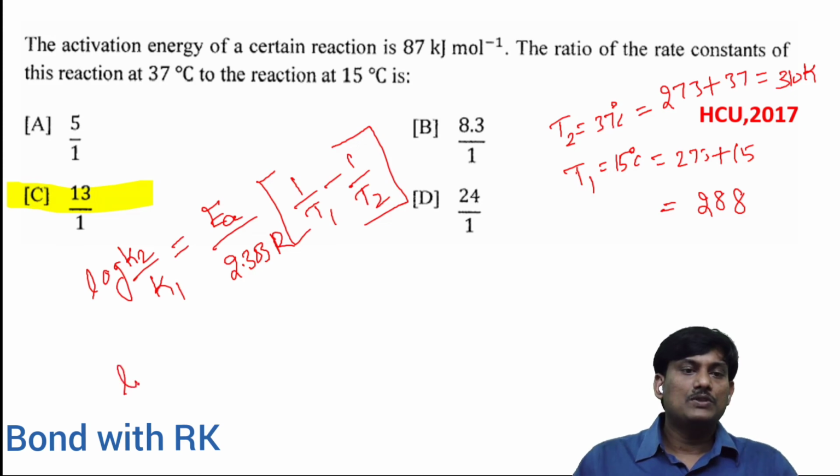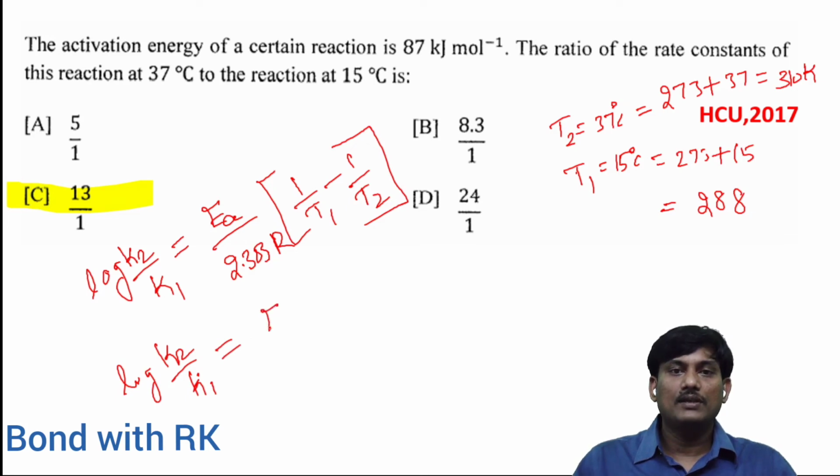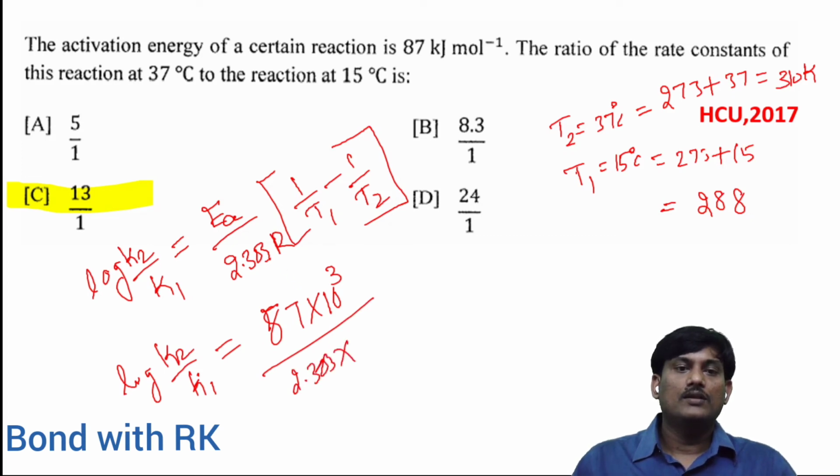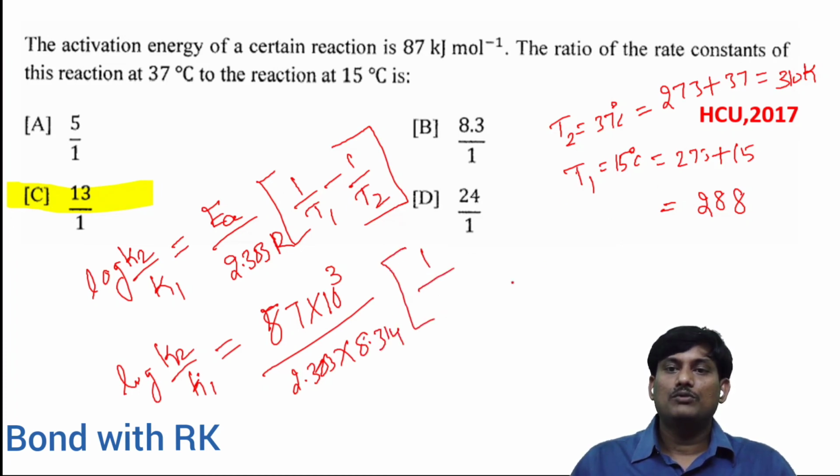Then you substitute: log K2 by K1 is equal to Ea, which is 87 kilojoules. We have to convert into joules, 10 cube, divided by 2.303 into R value in joules, 8.314, and 1 by T1, T1 value is 288, minus 1 by T2, the T2 value is 310.